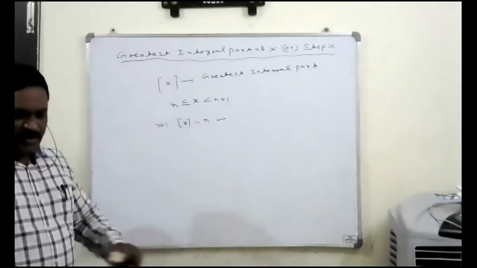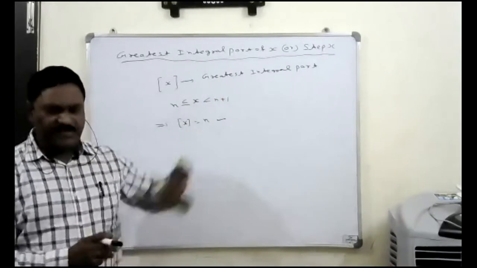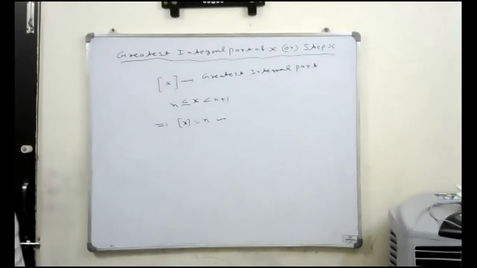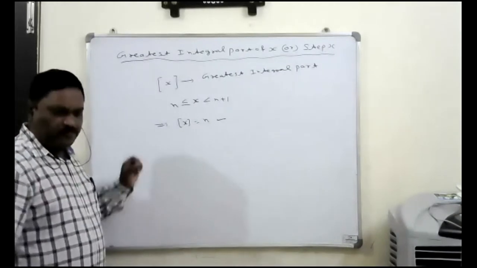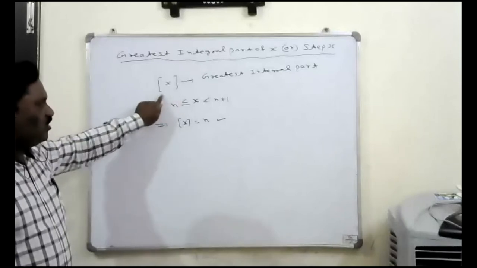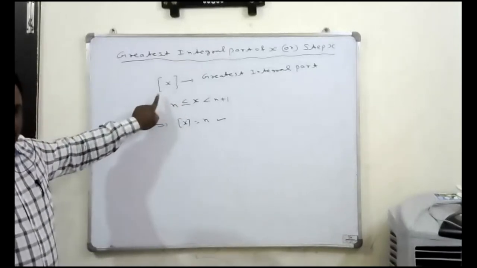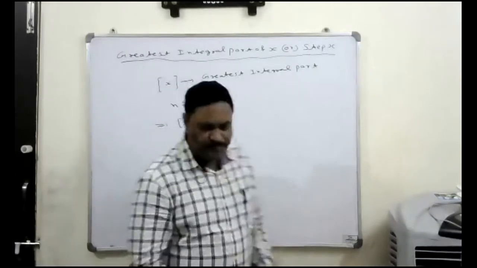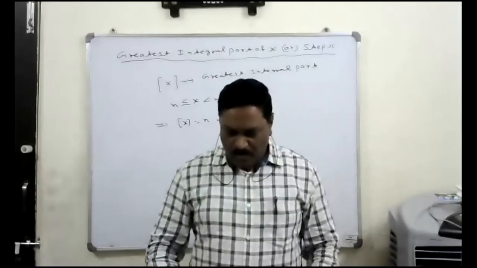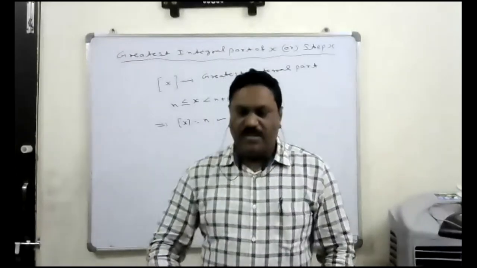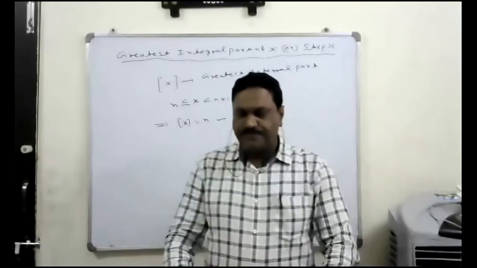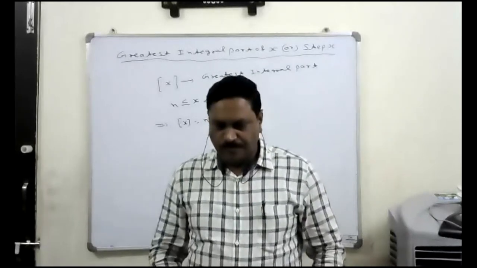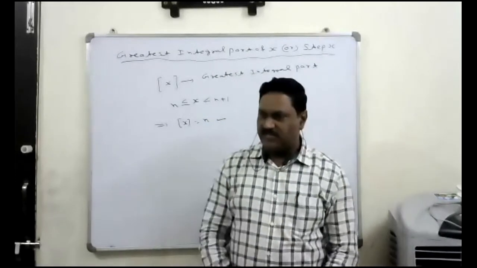Okay. So write this down. Greatest integral part of x, or step x. Keep the subheading. The function, square bracket x, is called the greatest integral part of x.